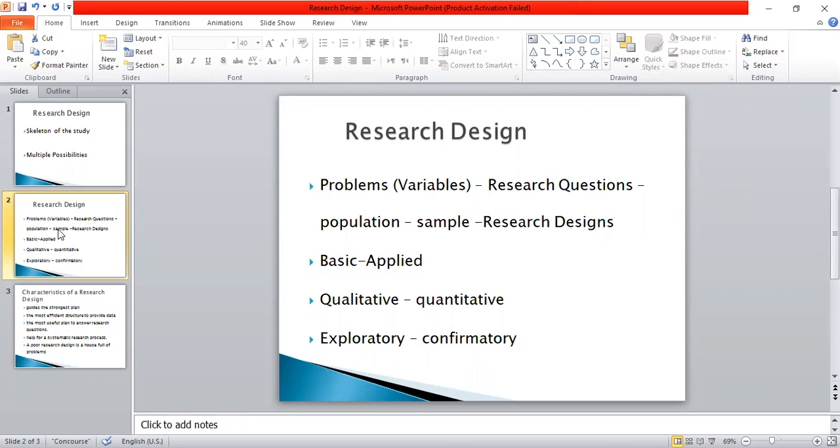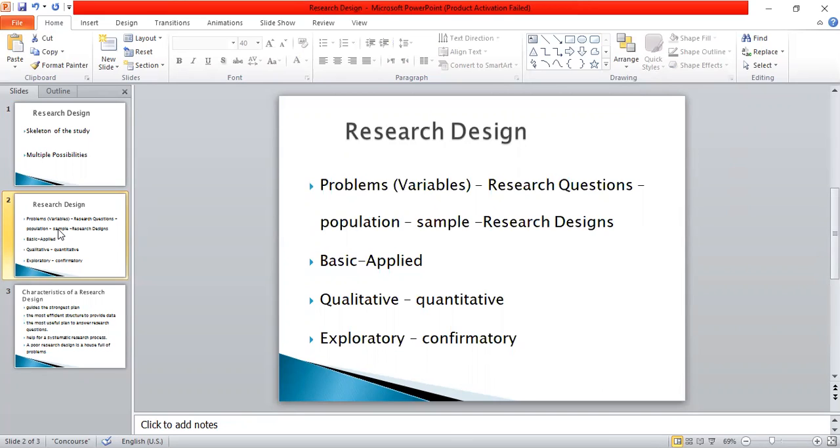The first phase will be to identify what kind of problem it is. The second is that you are supposed to make research questions from it. After that there will be the selection of population, I mean to whom we will generalize the given data. And after that, what would be the suitable sample for this population?